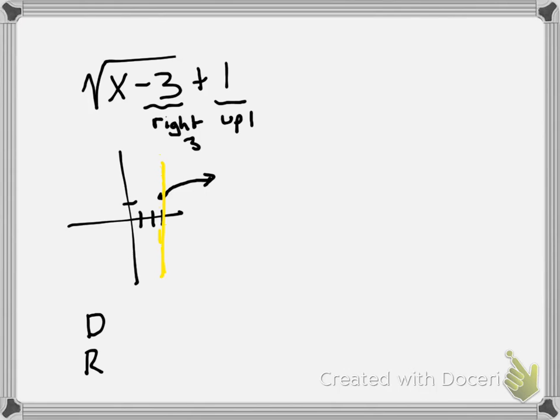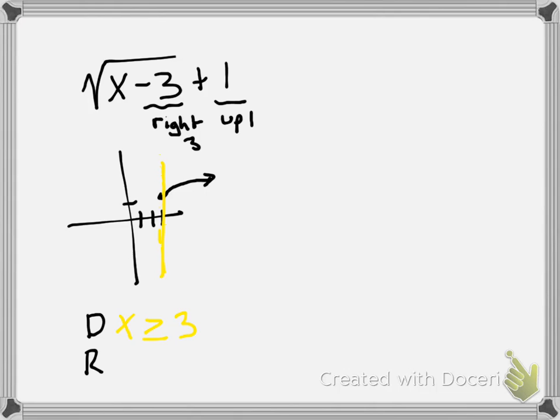I'll just make a line through. So my domain in this case is going to be all x's greater than or equal to 3. It's all x values, because domain is my x values. I look at my x-axis, and I use every x value greater than or equal to 3 to make my function.